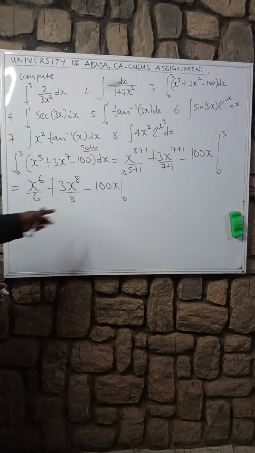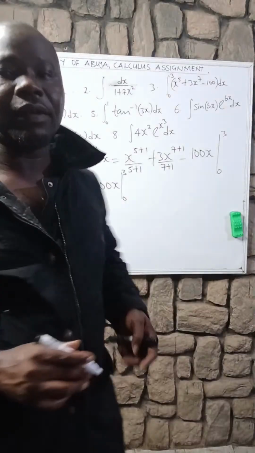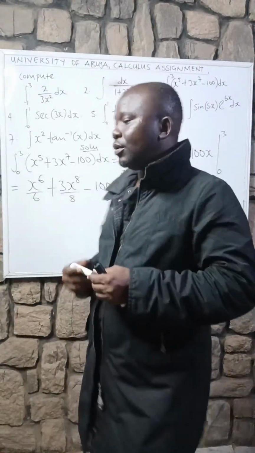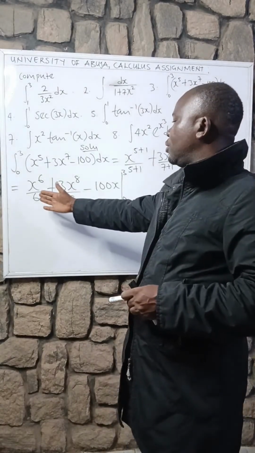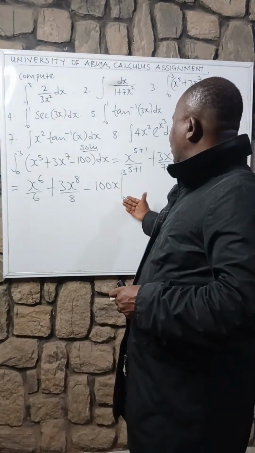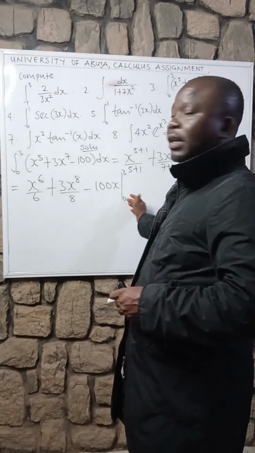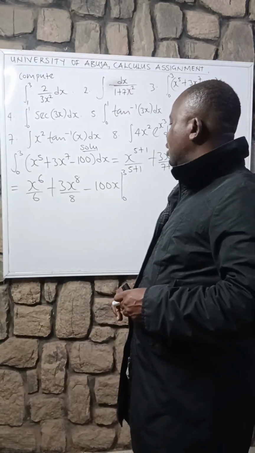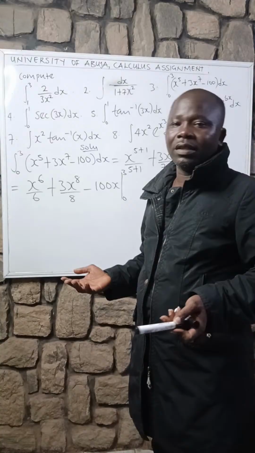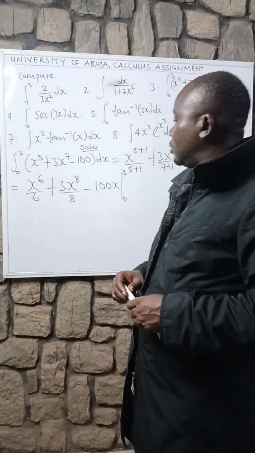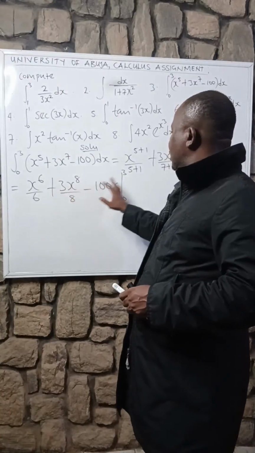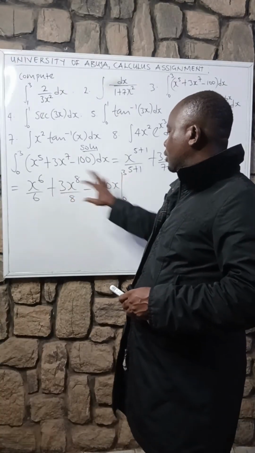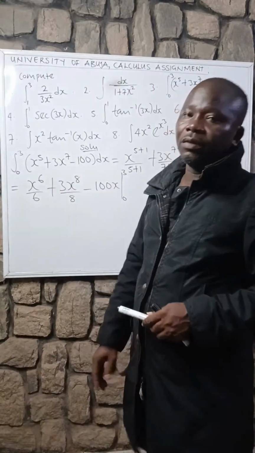So it means the interval is running from 0 to 3. So at this point, what you need to do is subtract the lower limit from the upper limit. It's as simple as ABC. Is that clear? So I think with your calculator, I will substitute it, then you do the remaining one. Is that okay by you?